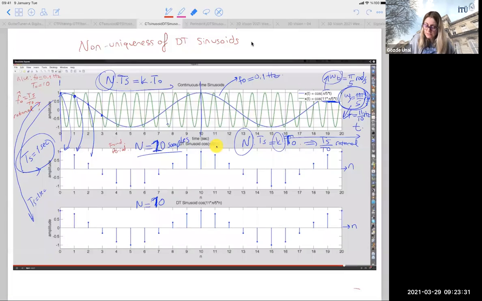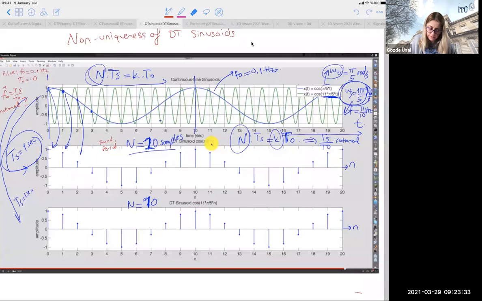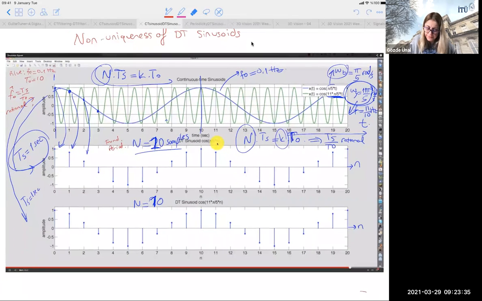So I think we were looking at this. I was trying to show you here in this slide, there are two sinusoids. One is blue, guys. Look at this blue sinusoid here. You see this blue curve, right? And there is a green sinusoid. These are continuous time, nicely displayed.